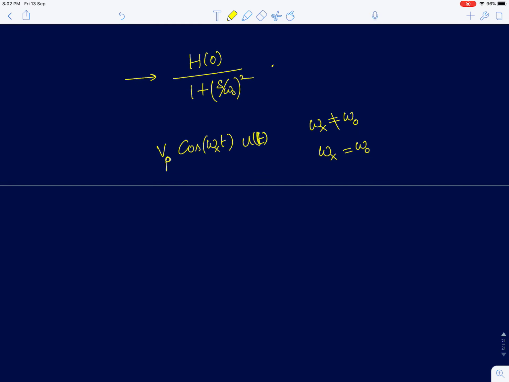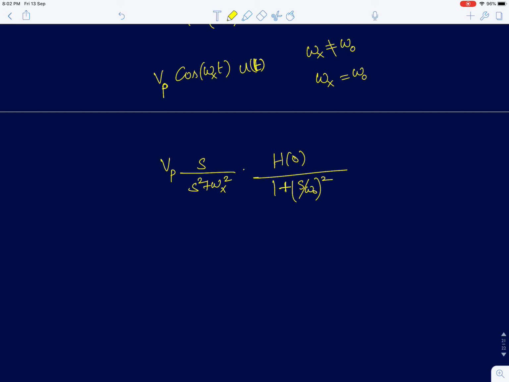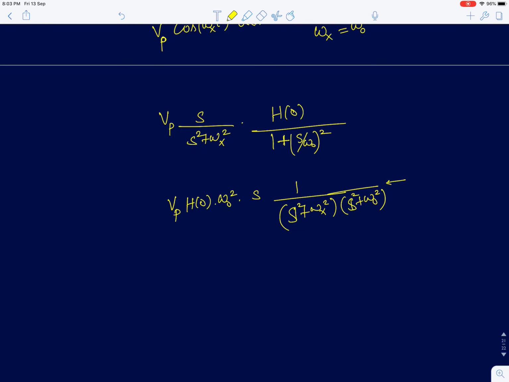So again, I'll resort to Laplace transforms to solve this problem. I'll take the Laplace transform of the input and then multiply it with the system transfer function. From this, we'd get Vp, and we'll actually have two terms in the denominator, s squared plus omega x squared and s squared plus omega naught squared. So I'm again going to use partial fraction expansion for this.